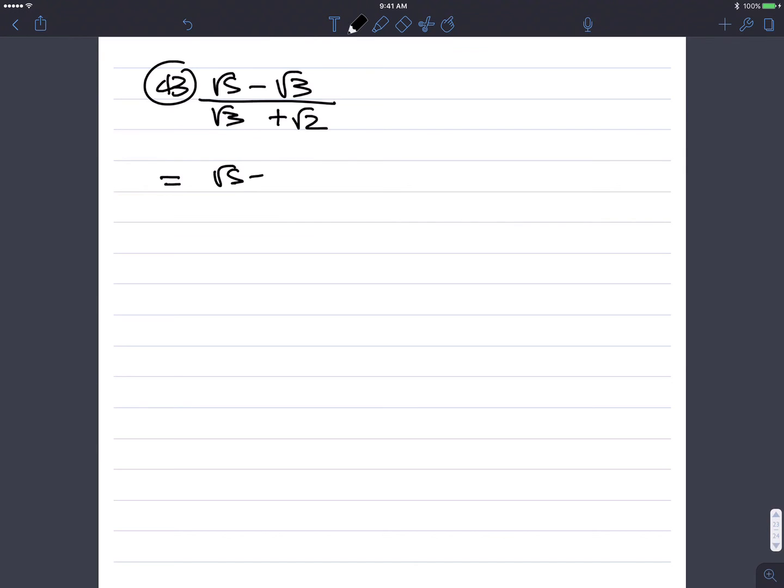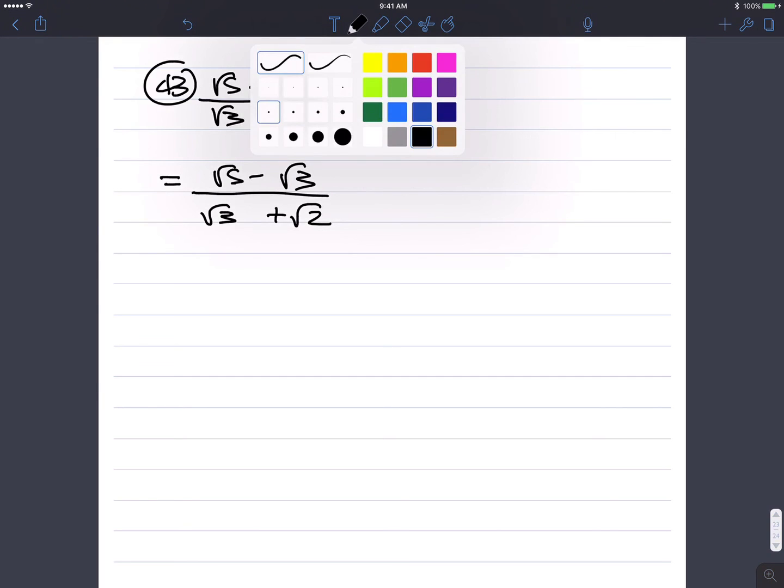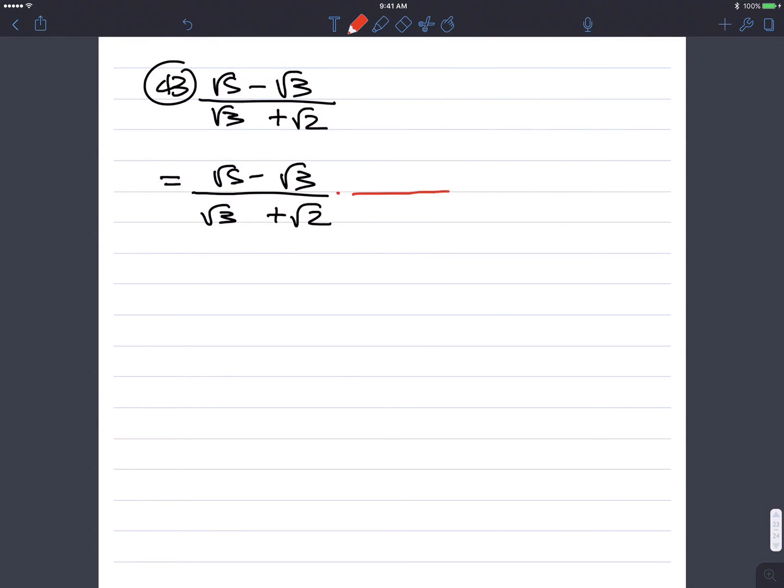Again, here's what you're going to do. You're going to multiply both top and bottom by the conjugate of the denominator. Notice again, we've got plus and minus. These are conjugates.